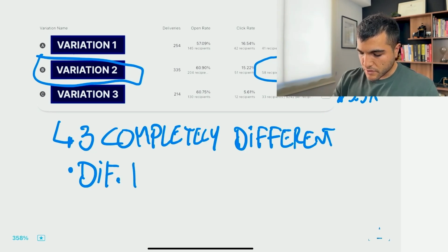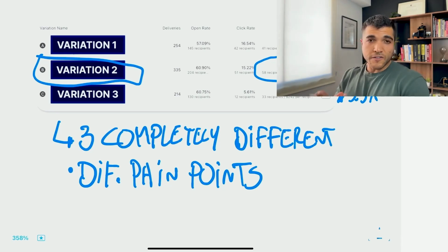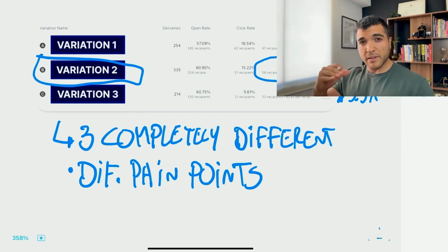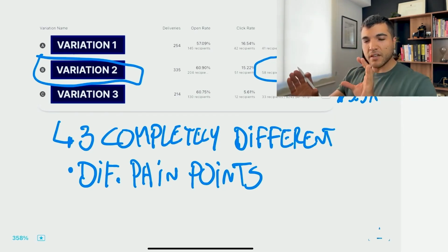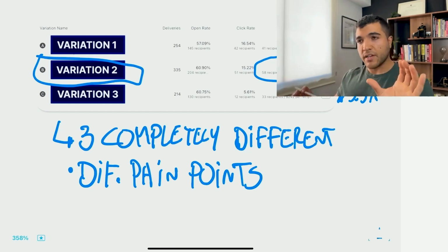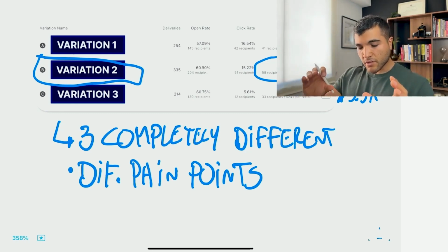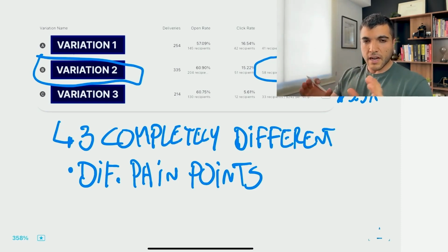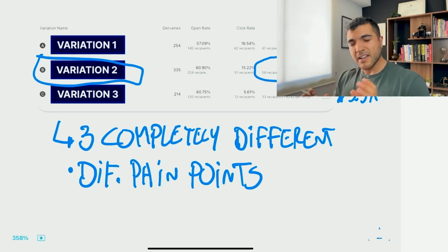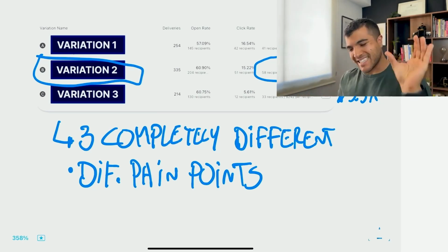First, different pain points. If your product solves a problem, try having an email that addresses a completely different problem than the other. Let's say you're selling creatine. One variation could test energy, the other could test endurance, another could test strength building, another could test muscle building. And then each email will address only that one pain point exclusively.